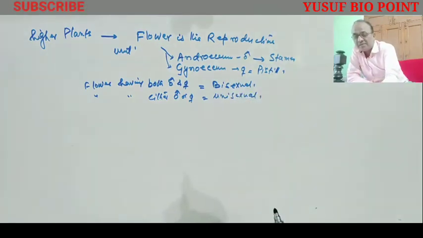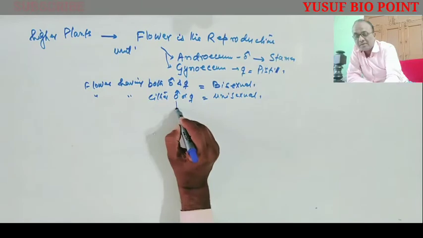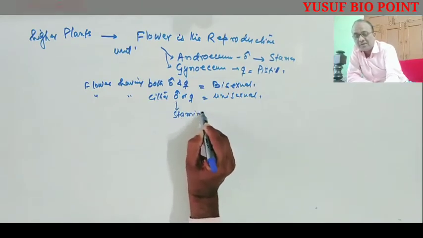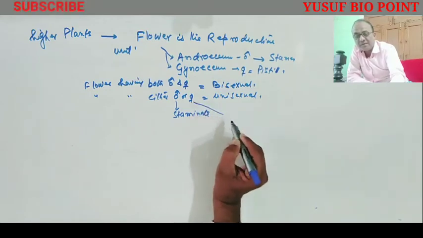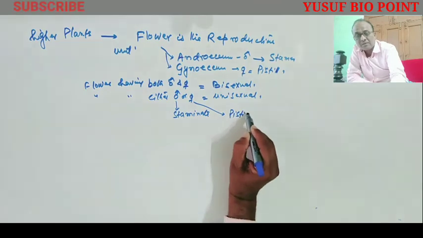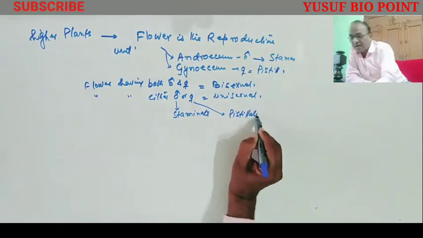If it contains the male unit, it is known as staminate, and if it contains the female unit, it is known as pistillate.